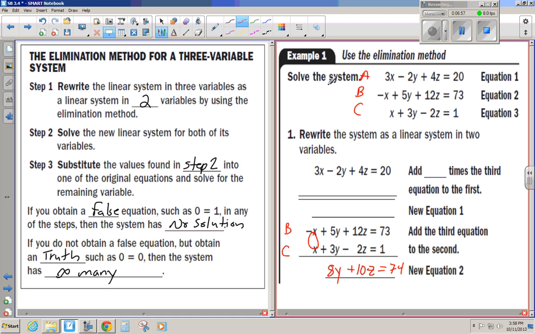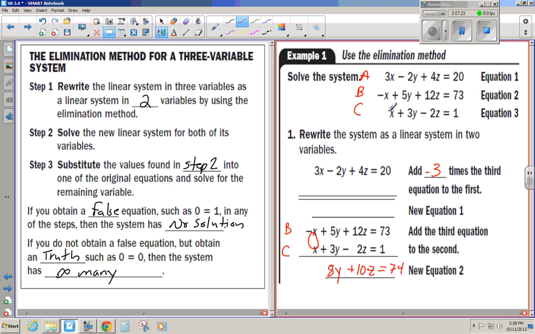I did BC. Now I need to do AB or AC. Since this is already opposites, no, actually, let's look at this bottom one. Let's look at AC. We're going to add negative 3 times the third equation to the first.